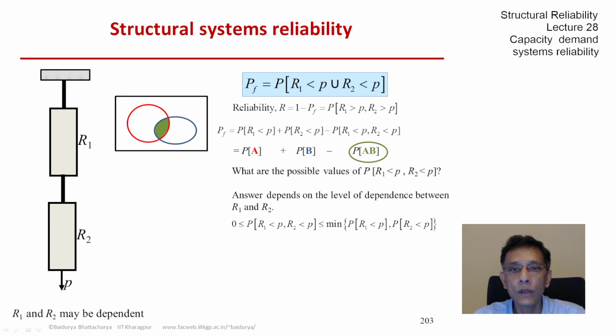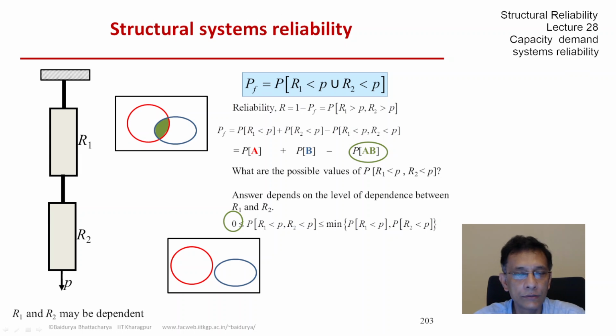We can say, without knowing anything specific about the dependence, that the intersection probability is at least 0, so 0 is the lowest possible value, and the highest possible value is one of the two first order probabilities, particularly the lesser one. So the smaller of the two would be the highest possible value of the intersection probability.